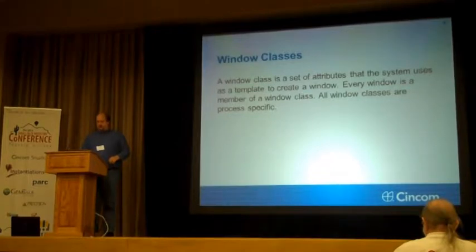All of those classes that you register are usually process specific, which means that if you register a class in one process, another process cannot just steal the type, but has to implement its own.